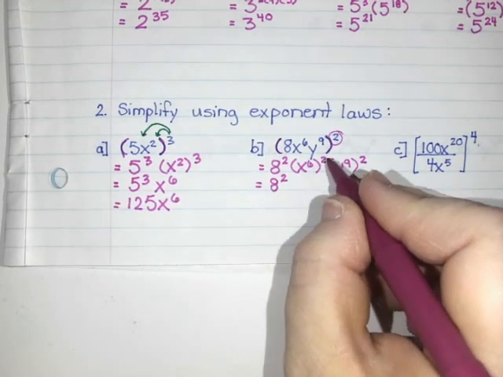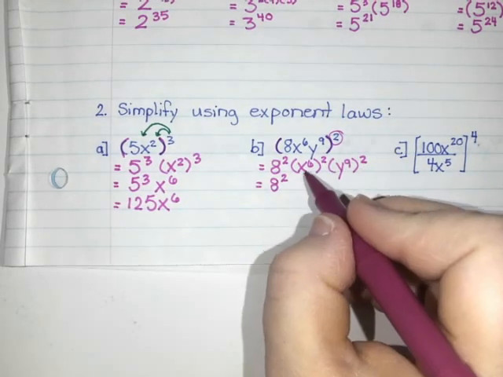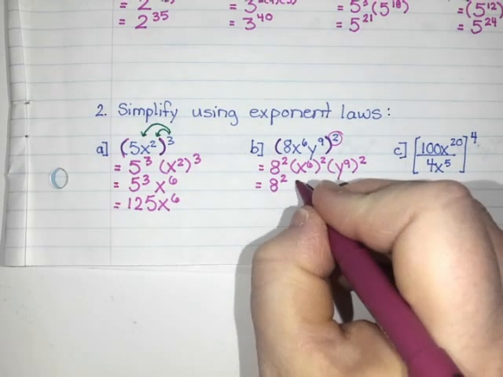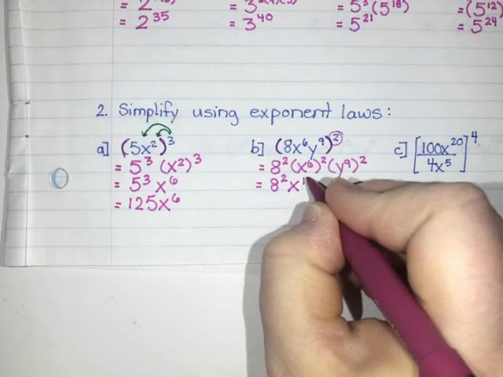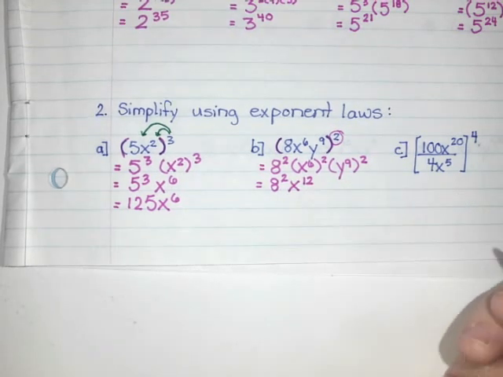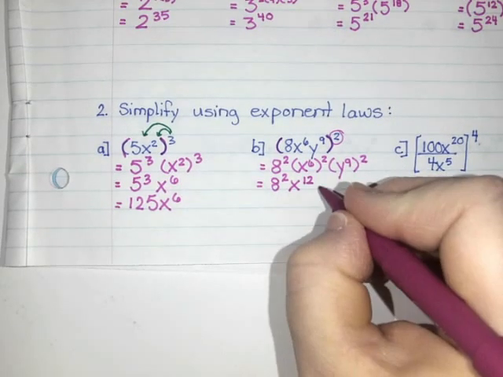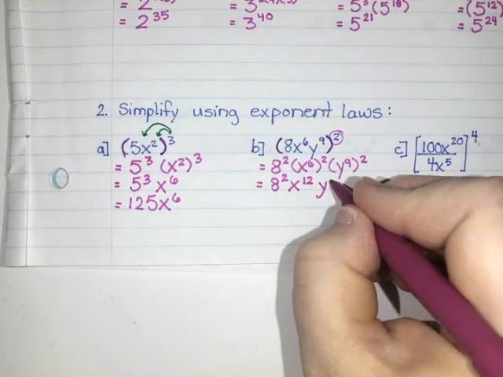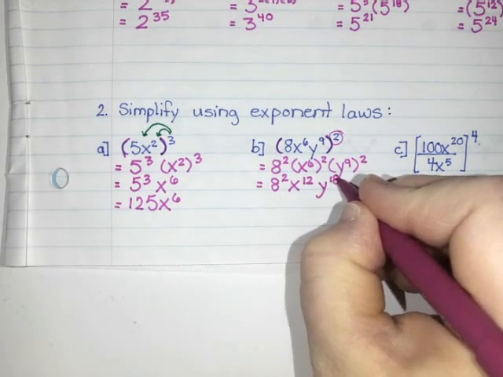X to the power of 6 to the power of 2: if they have one base and more than one exponent, you multiply your exponents together. So 6 times 2 is 12, so that is x to the power of 12. And then y to the 9 to the 2, I leave the base the same, and I'm going to multiply those exponents. 9 times 2 is 18.